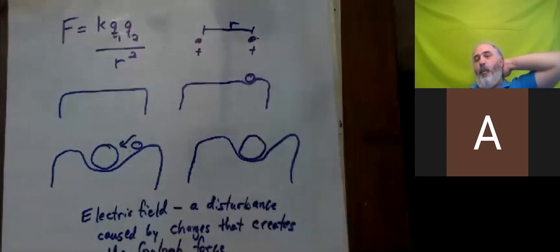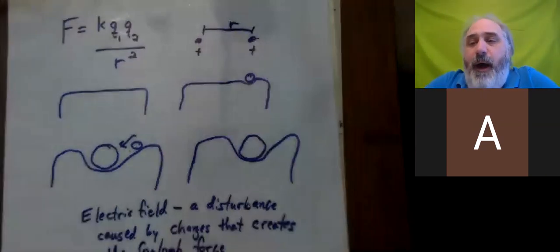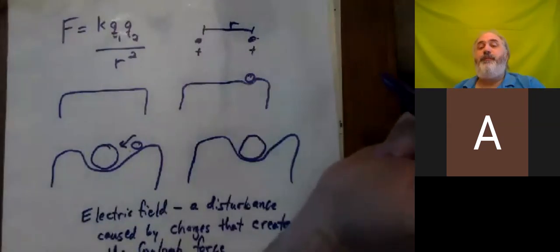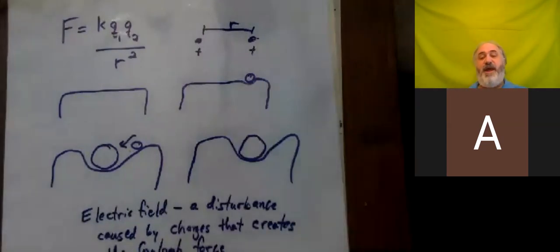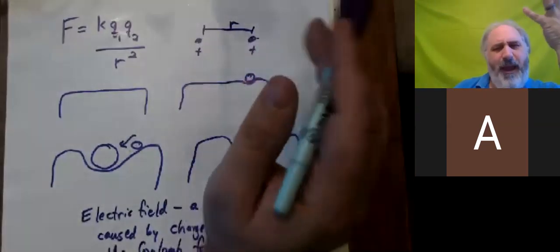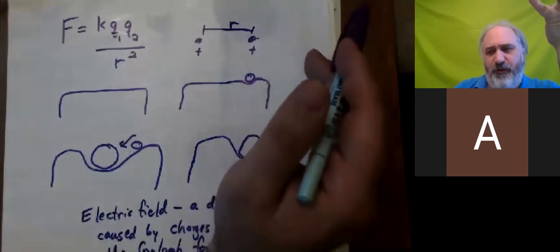Now, what we haven't really addressed is why are they able to exert a force on each other at all, right? Normally, for most forces, the two objects in question have to be touching. That's the way the force was mediated from one to the other. But here, these two charges aren't touching at all, and yet somehow they're still able to exert a force on each other.